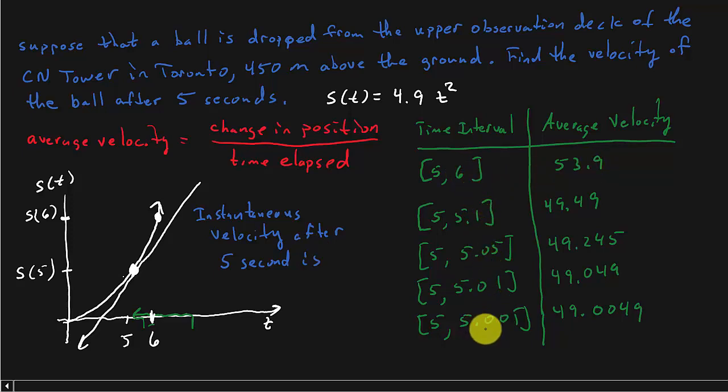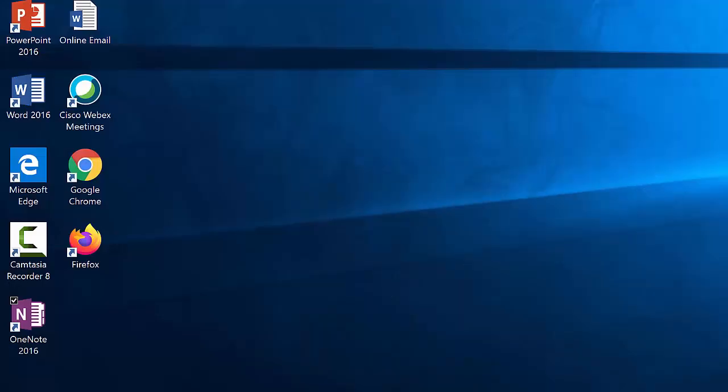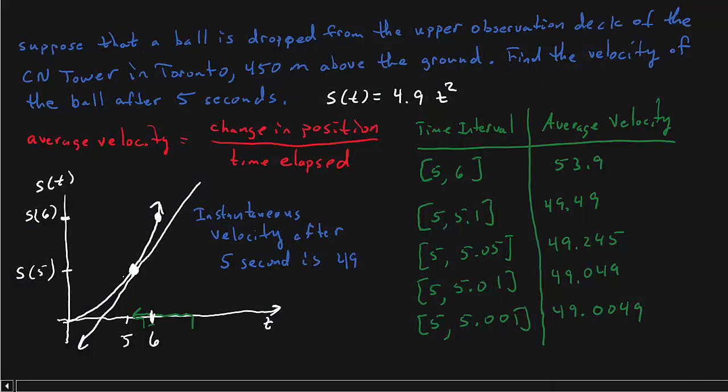You see how these values are getting closer and closer to 5, and what is the average velocity approaching? We would say it's 49, and we're in meters and seconds, so that's 49 meters per second. So that would be your velocity. Okay.